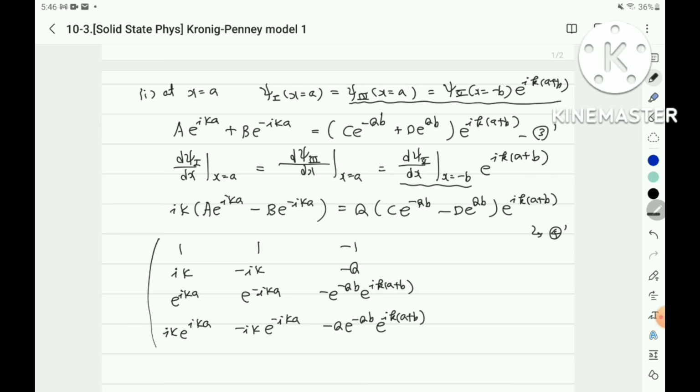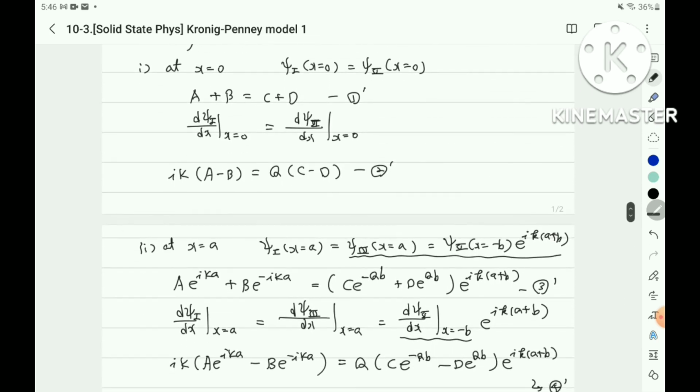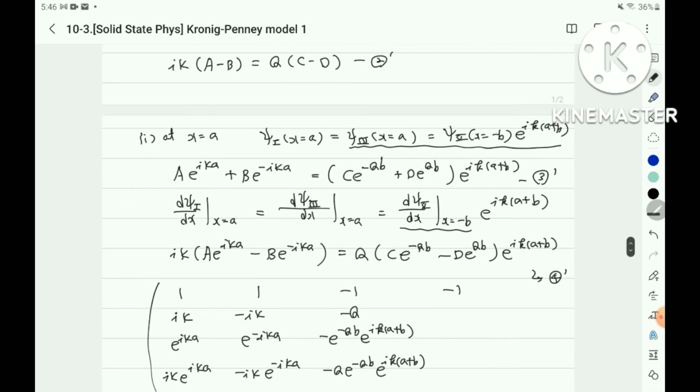Finally for D, the first is minus 1, the second is q, the third is minus exponential qb exponential ik(a plus b), and the fourth is q exponential qb exponential ik(a plus b).